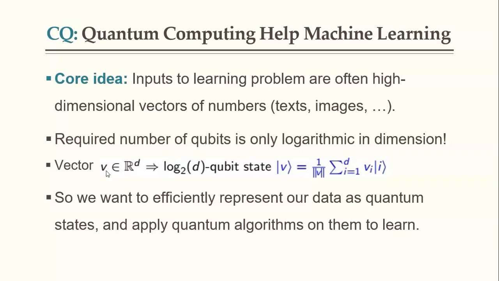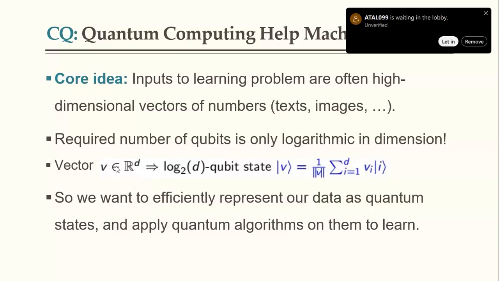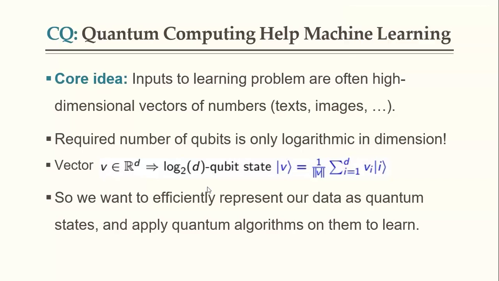This vector v is normalized and encoded as a quantum state |v> in a log base 2 d qubit system.